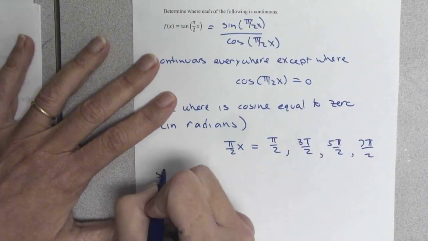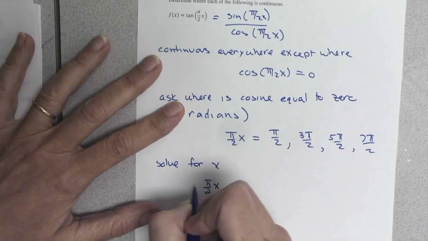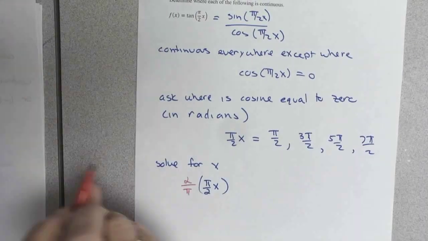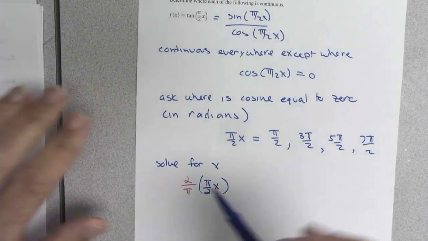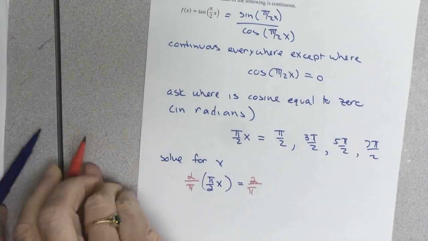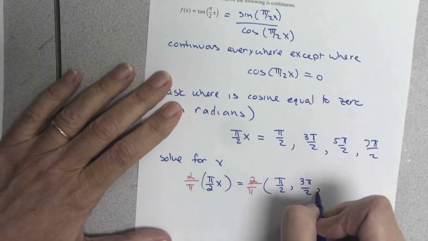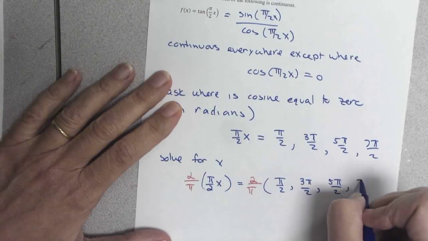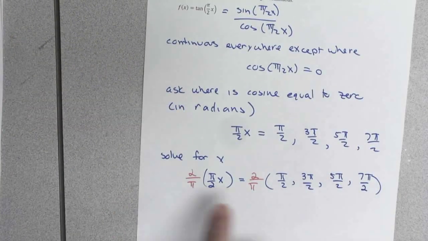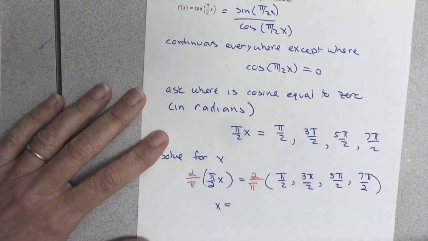Then I have to solve for x. The easiest way to solve for x will be to multiply both sides by 2 over pi. Listing all these numbers with commas between them is horrible notation, but I think we all get it. So over here, the pi over 2 and the 2 over pi cancel, so we get x.